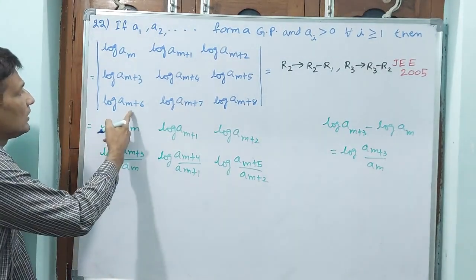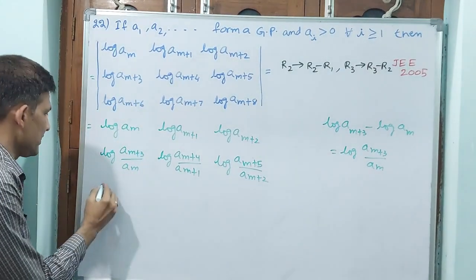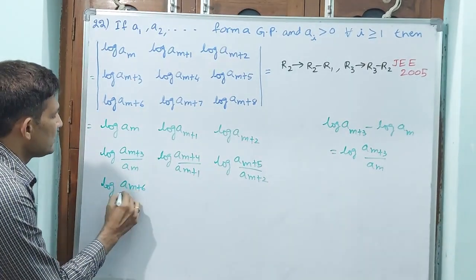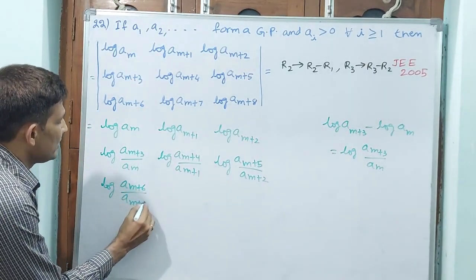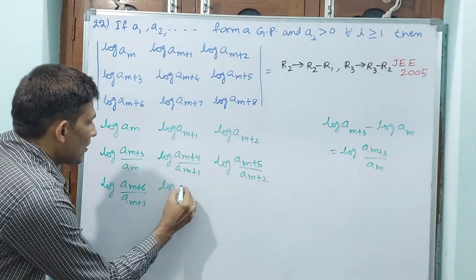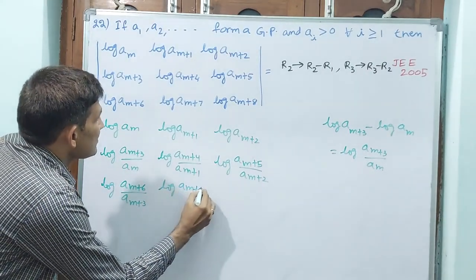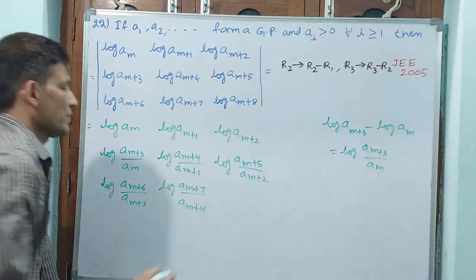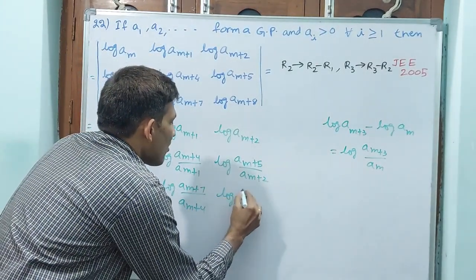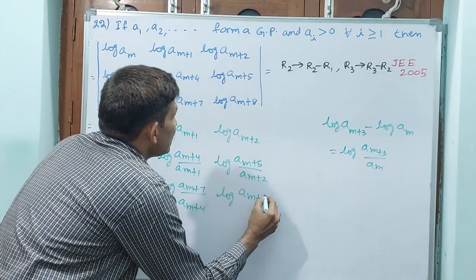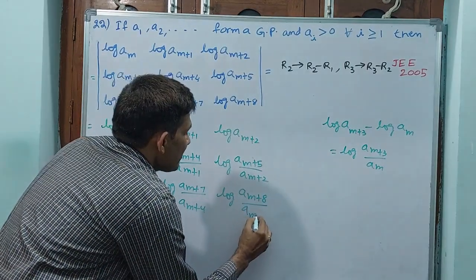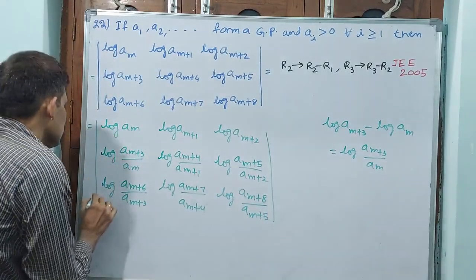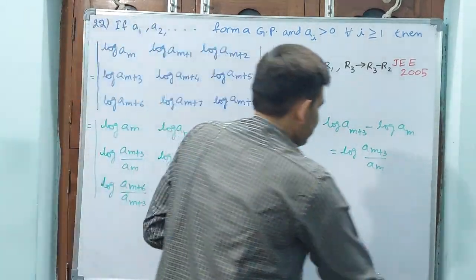Now go for the third row also: log of Am plus 6 divided by Am plus 3, log of Am plus 7 by Am plus 4, log of Am plus 8 by Am plus 5. Okay, close now. We will do the remaining here.